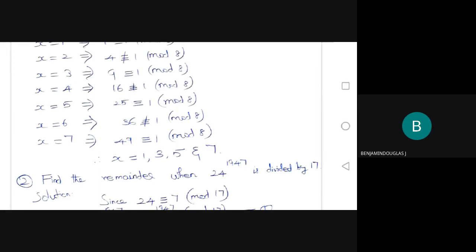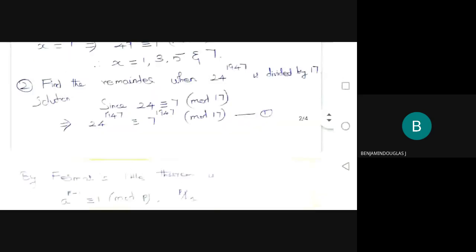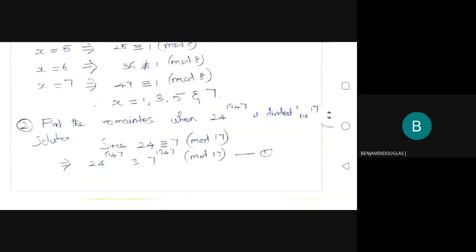The solution for this problem can be obtained by using Wilson's theorem, Fermat's little theorem, or Euler's phi function. Any one method can be applied for getting the remainder. So in this problem, we are going to apply Fermat's little theorem.